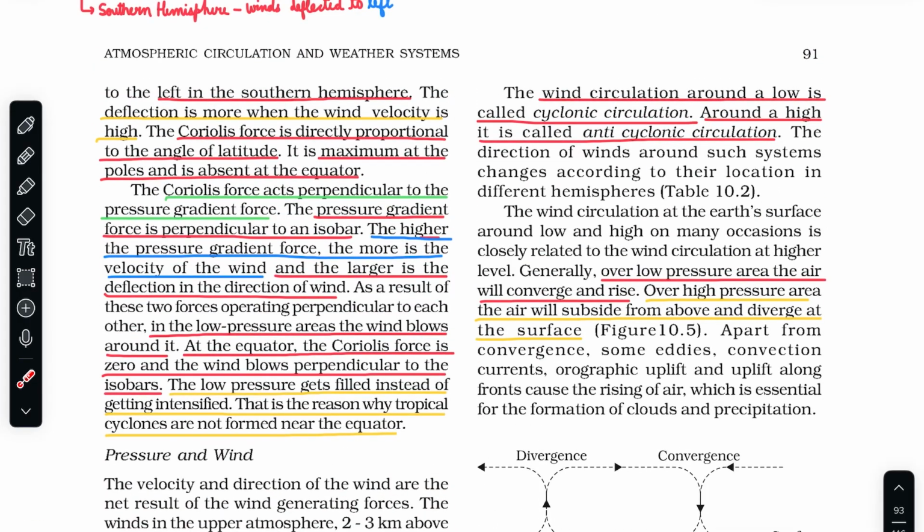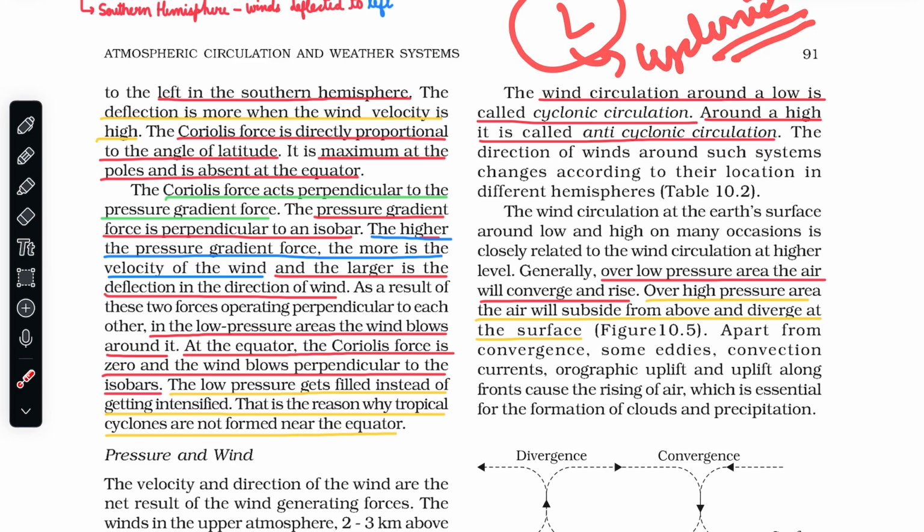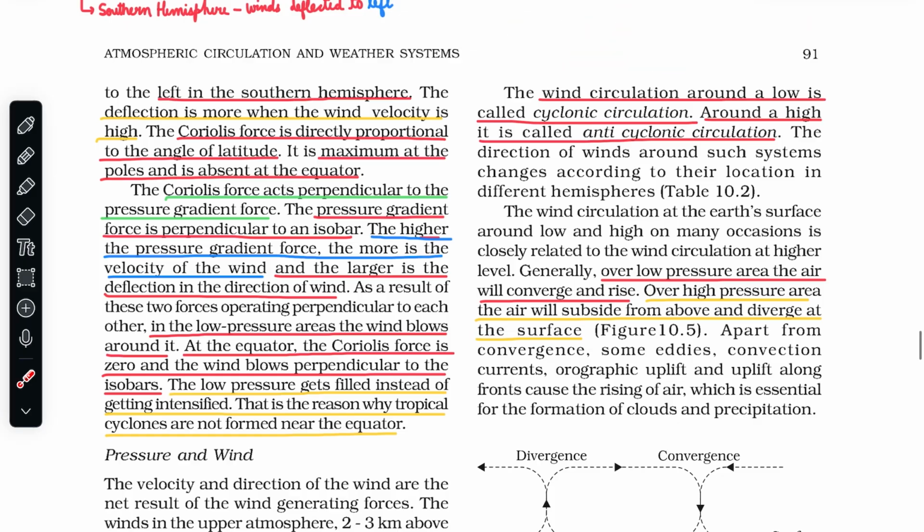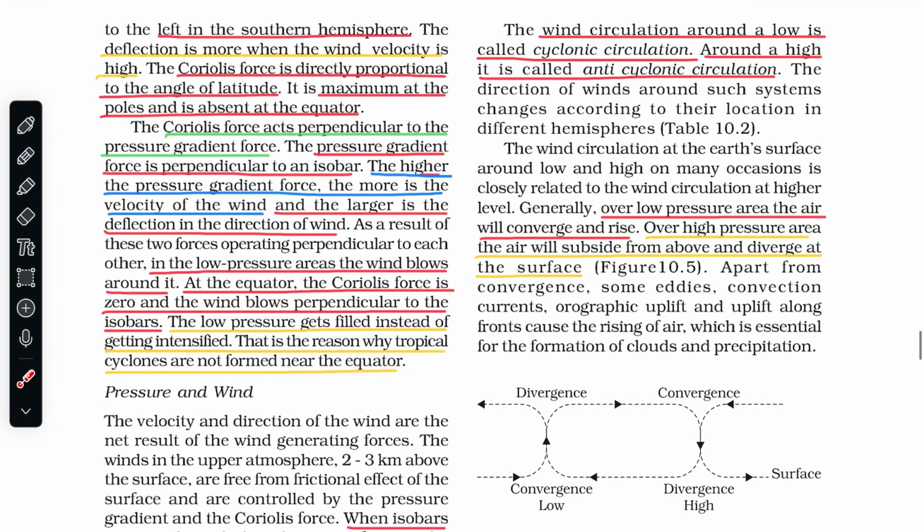The wind circulation around a low is called the cyclonic circulation. Around a high it is known as the anticyclonic circulation. So in the low, we have the cyclonic circulation of winds. The direction of winds around such systems changes according to their location in different hemispheres.